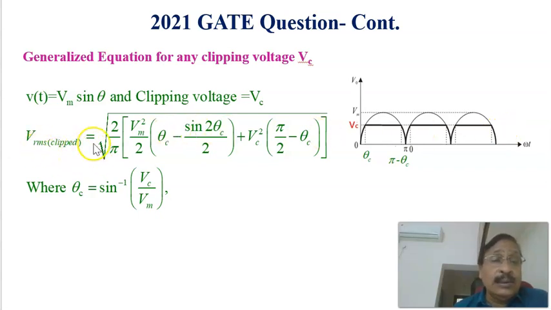Therefore that is equal to square root of 2 by pi, Vm square by 2 into theta c minus sin 2 theta c divided by 2, plus Vc squared into pi by 2 minus theta c, under square root. Therefore if you remember this equation for any clipping voltage, you can find out the RMS value.